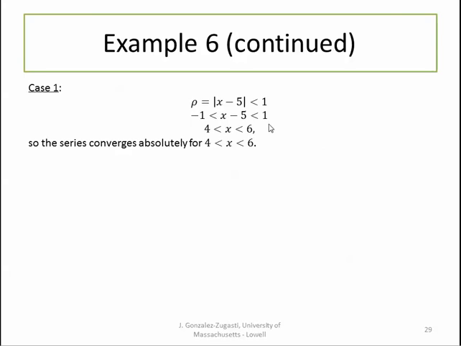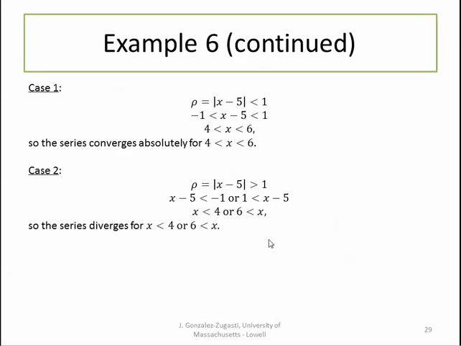So that tells me, since rho is less than 1 there, that my series converges absolutely on that interval. In our second case, that's when rho is greater than 1. Solving that, we get that happens when x is less than 4 or x is greater than 6. So we know that our series diverges when x is less than 4 or x is greater than 6.